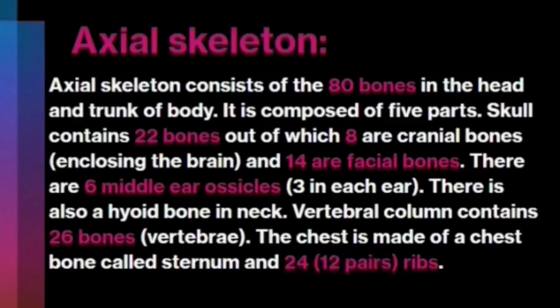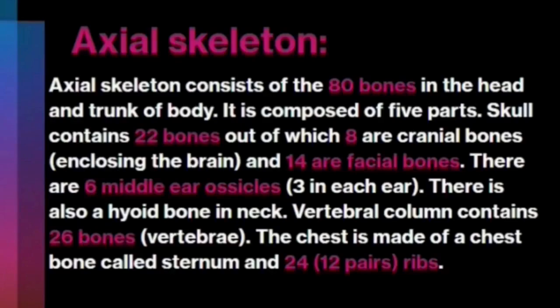And 14 are facial bones. There are 14 bones that are present in our face. There are 6 middle ear ossicles, 3 in each ear. These are the central and smaller bones that are present in the middle ear.